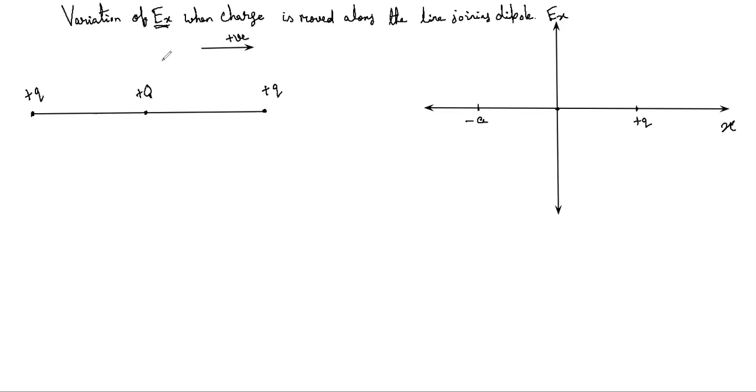If I have a point here, यहाँ पे electric field का direction क्या होगा? That I am plotting here. Then if I have some other point here, उसमें भी electric field का direction क्या होगा? I am plotting direction and value both. ठीक है. Plus a will be this point, and minus a will be this point. This is x equals 0.